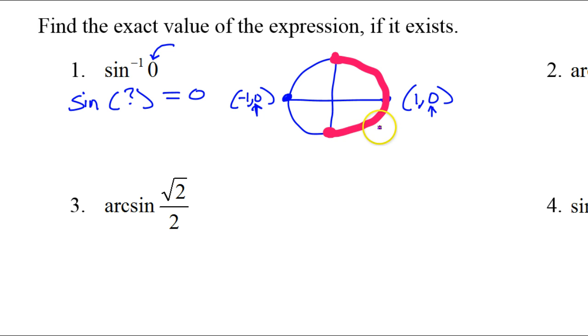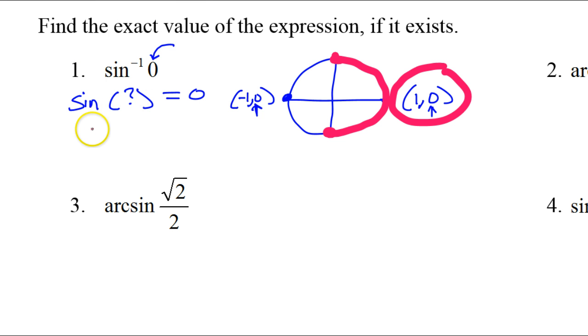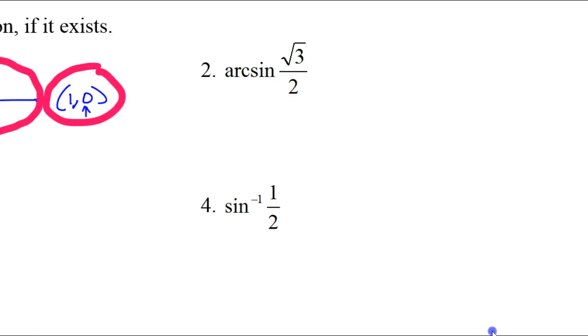So the only one of these two angles that will work is this one, which happens to be 0. So the answer to the question is in fact 0, because we're saying that the sine of angle 0 is 0.